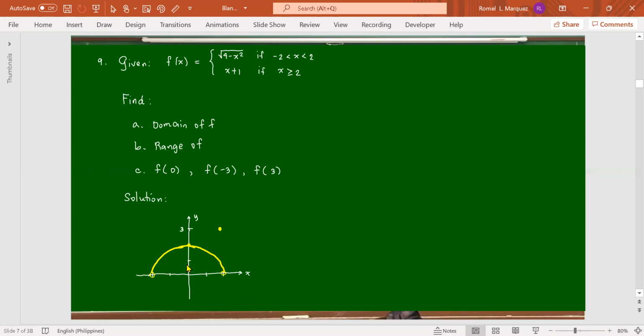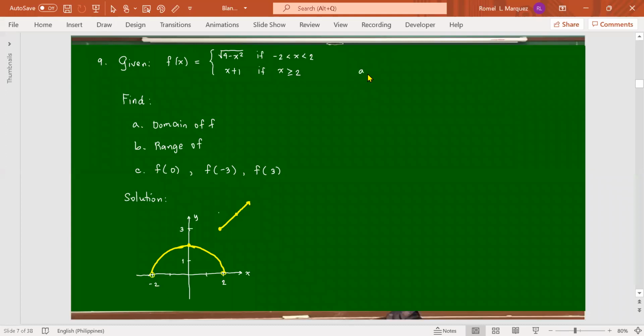This is 1. -2, +2. When x is 3, so somewhere here, the value is 4. So around here. Okay. So let me approximate the graph here.